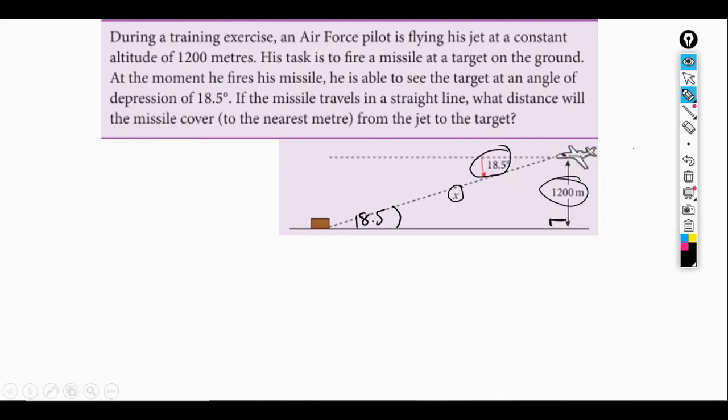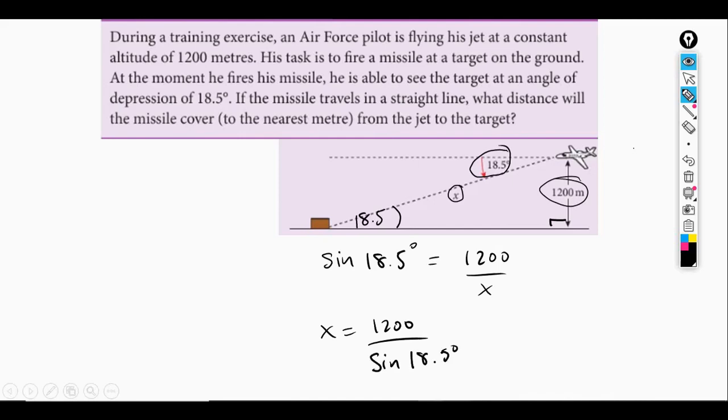So we know that we have to use the sine function, because sine of 18.5 degrees is equal to 1,200 divided by x. That means that x has to equal 1,200 divided by sine of 18.5 degrees.